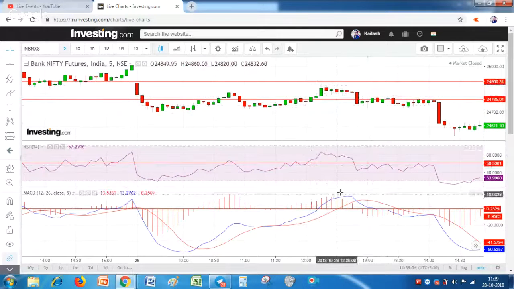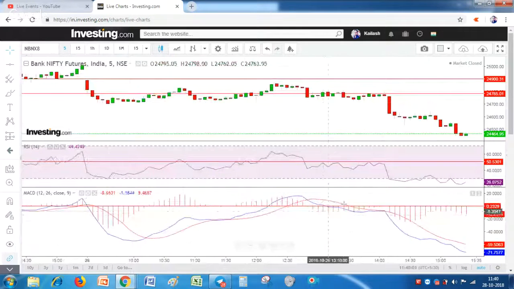So see what happened again. At the end of the day, after approximately 1 o'clock, there is another crossover, friends. You could see MACD has shown a bearish crossover again, and RSI has also gone below 50.